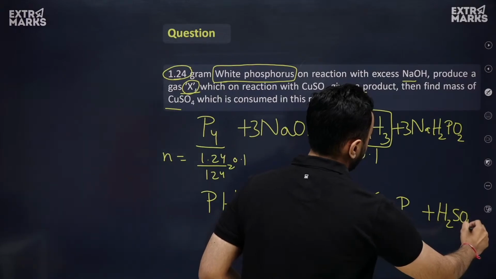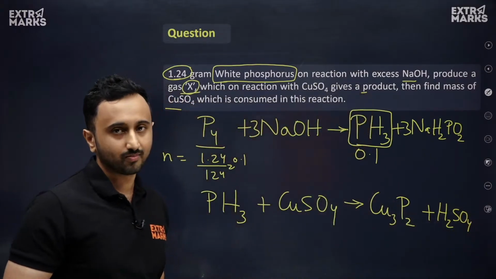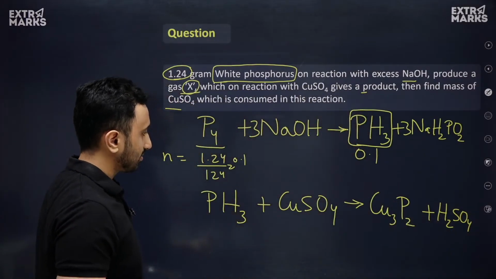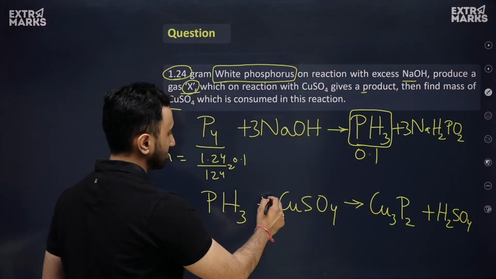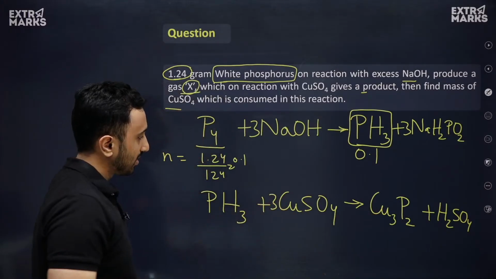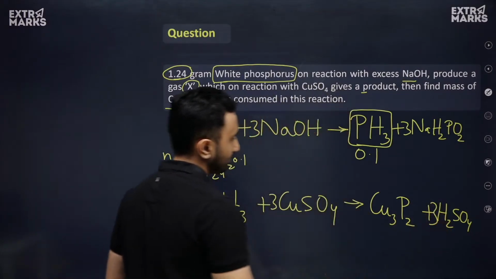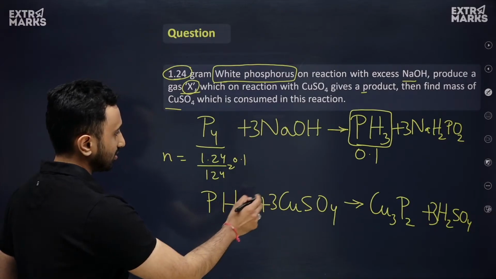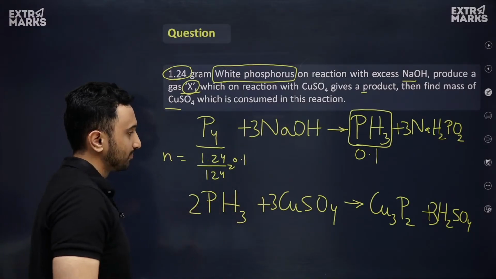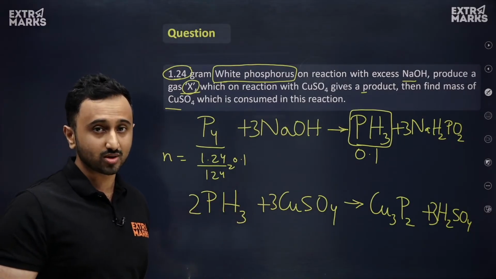Right? Here also, we need to balance it. So, how will we balance it? Cu3, so that means we need to put 3 over here, and 3 sulfur, that means we can put 3 on this side, right? And P2, 2 PH3. So, this is how you can balance this equation.